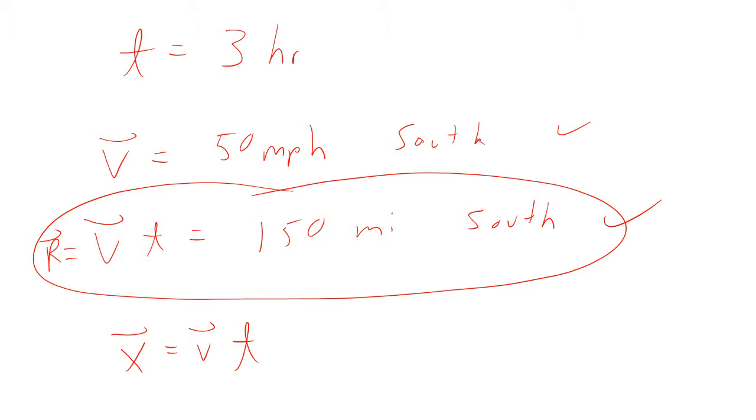And this is actually another way of differentiating between scalars and vectors. You can have, for example, distance or displacement. Distance, 14 feet.